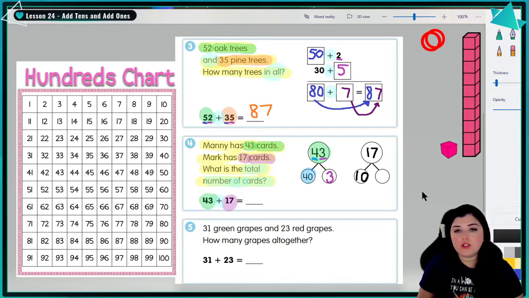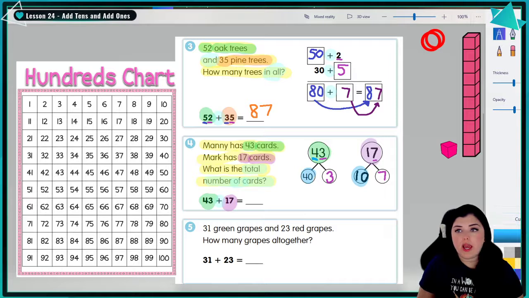And how many ones in the number 17? How many ones? 7. There are 7 ones in the number 17. So if I'm bringing my numbers together, I broke down my tens and I broke down my ones. Now I want to add them together.